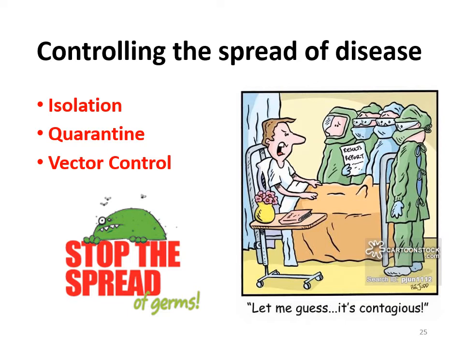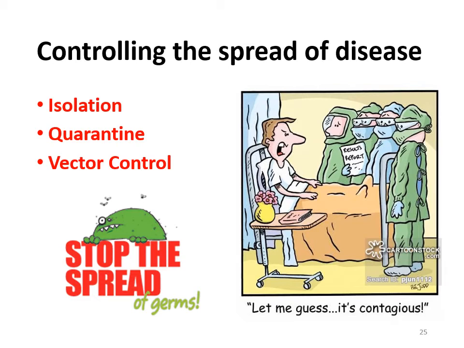Honestly, the concept of quarantine is very difficult to do. It's very difficult to control because, again, so many people don't realize when they are carrying around an infection before they start to show symptoms, okay, which we'll get to in the next slide.